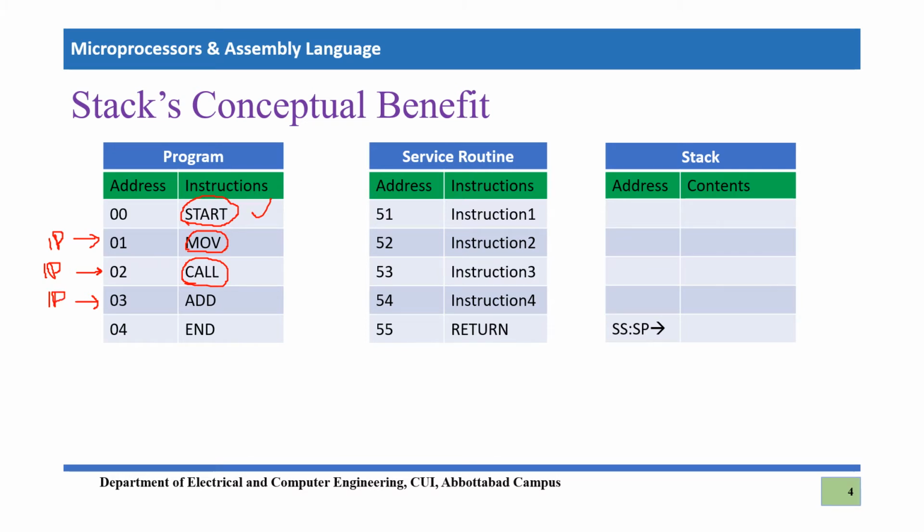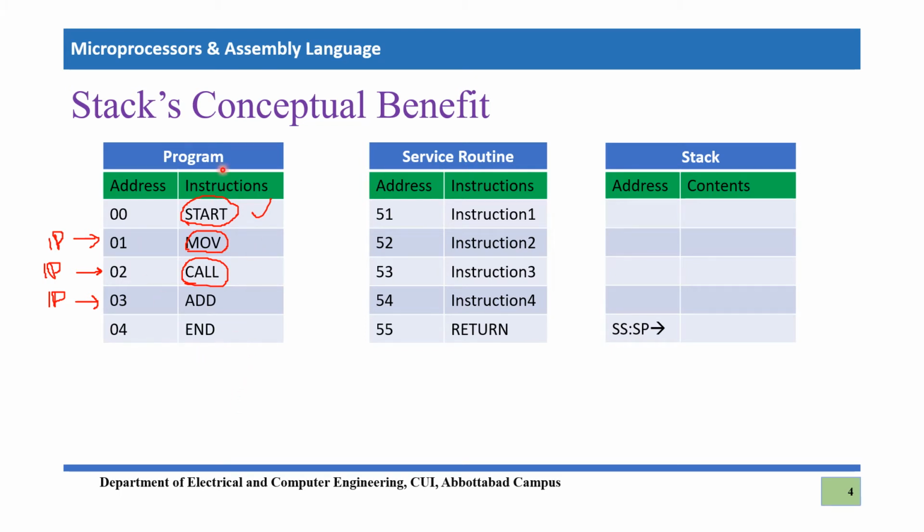What happened next? While the call instruction is going to execute, the microprocessor will come to know that this is a call, and now it is calling some service routine, so it needs to jump to that service routine and leave this main code.